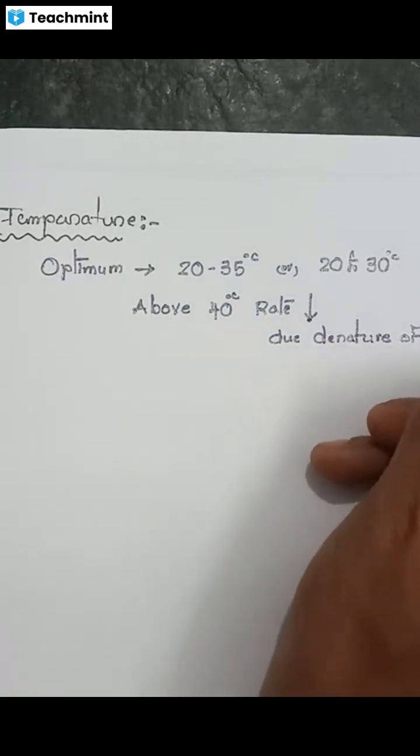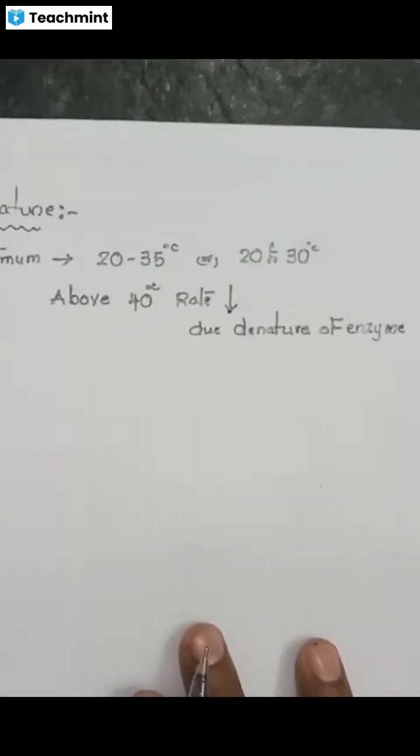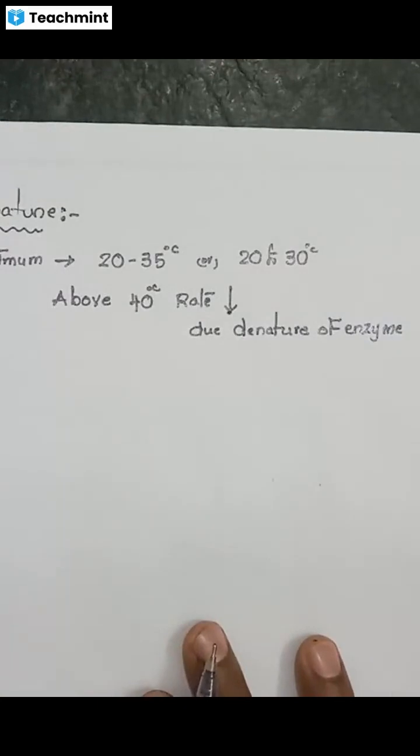When the temperature increases above 40 degrees, the photosynthetic rate is decreased because of denaturation of enzymes.